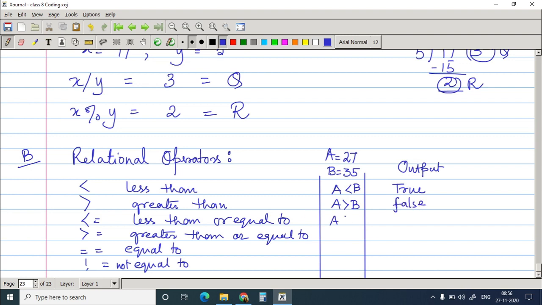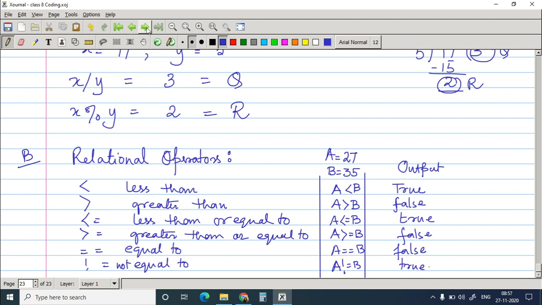A less than or equal to B will also yield a true, because A less than or equal to B means the value of A is either less than B or at least equal to B, but not more than B. Then A greater than or equal to B will be false. A equal to B will also be false because the values are not the same, and A not equal to B will be true because their values are not the same.